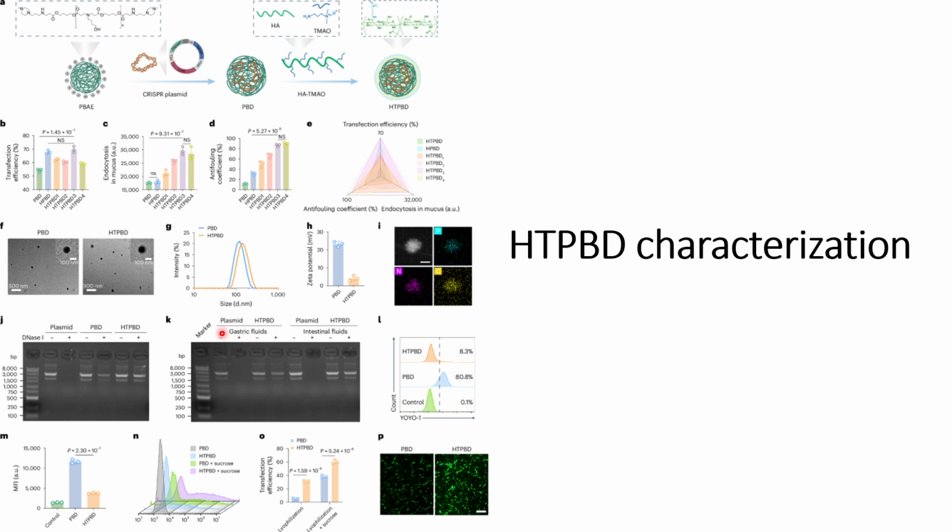So they reacted their HTPBDs with the gastric fluid, and they can see that for the plasmid they do not see any signals, but for the HTPBD they are able to see some signals. Similarly, when they reacted with intestinal fluid, for the plasmid they do not see any results, but for the HTPBDs they can see the results, indicating that their HTPBDs are quite stable.